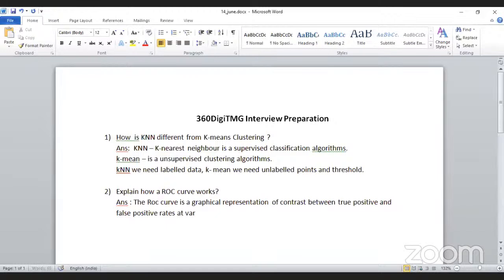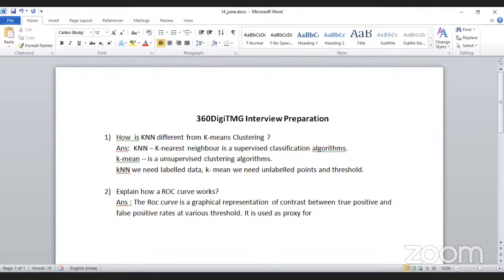Okay, and variance threshold. It is also used as a proxy.